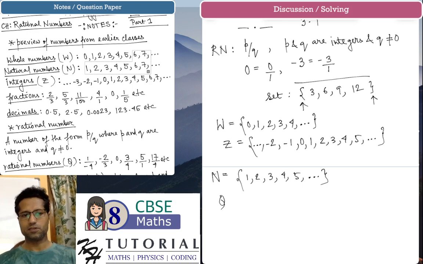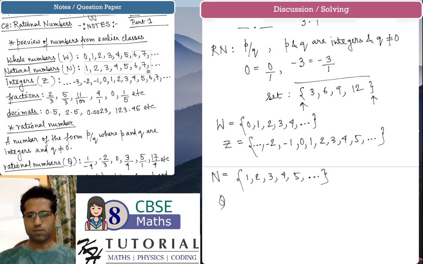There is no smallest and no largest integer, but the smallest natural number is 1 and the smallest whole number is 0. The letter Q is used to denote the collection of rational numbers.